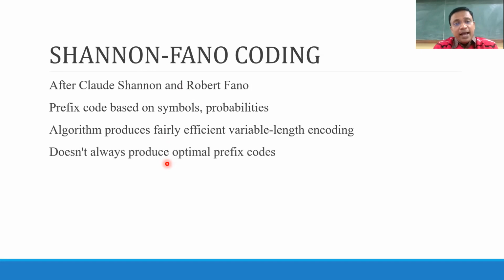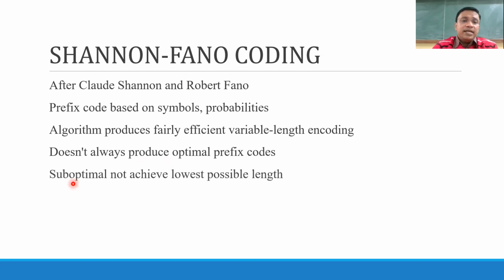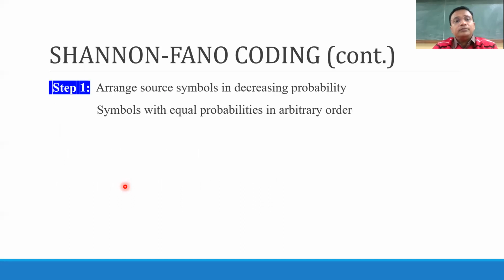But as I have already said, it will not always produce the optimal prefix-free codes. It will be suboptimal, but not optimal. So we can say that it is suboptimal code, which does not achieve the lowest possible length, or it might sometimes achieve it, but that is not the case always.